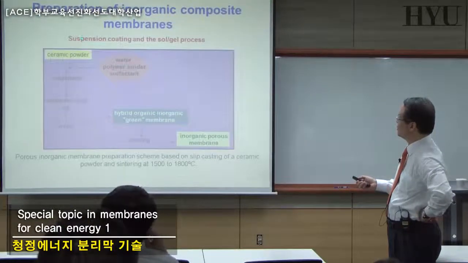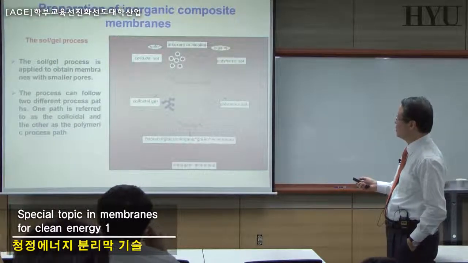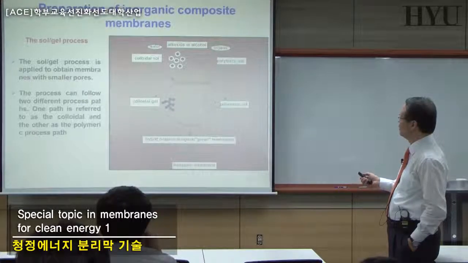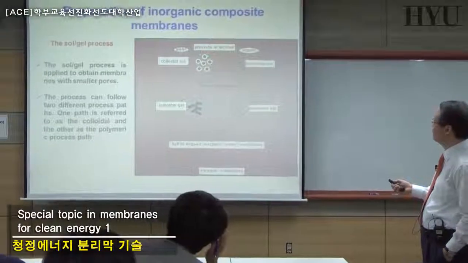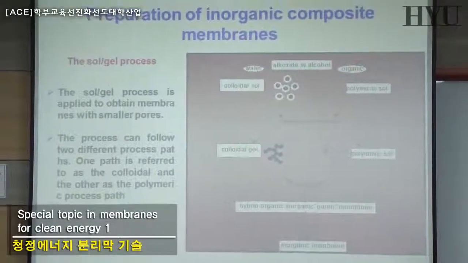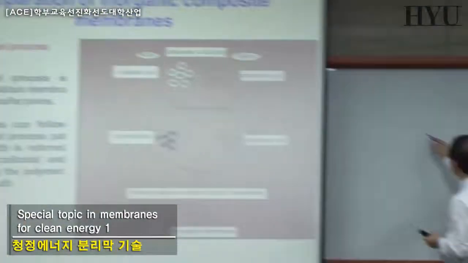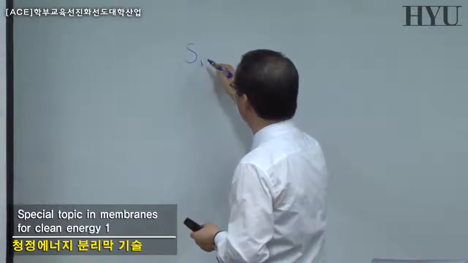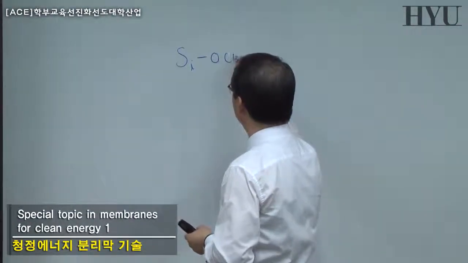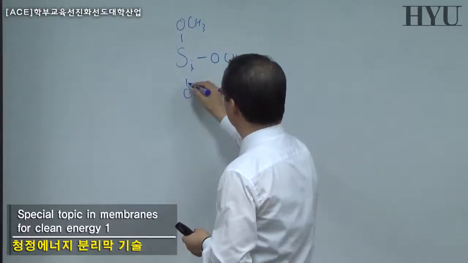Now this is the suspension coating and the Zollgel process, and the next slide is about the Zollgel process itself. Usually when you have organic material and inorganic material, the inorganic material has reactivity in some cases. For example, we have alkoxide, like methoxide in silicon.